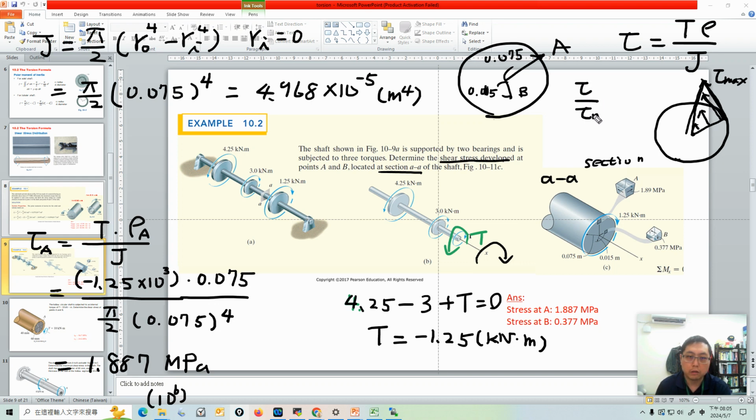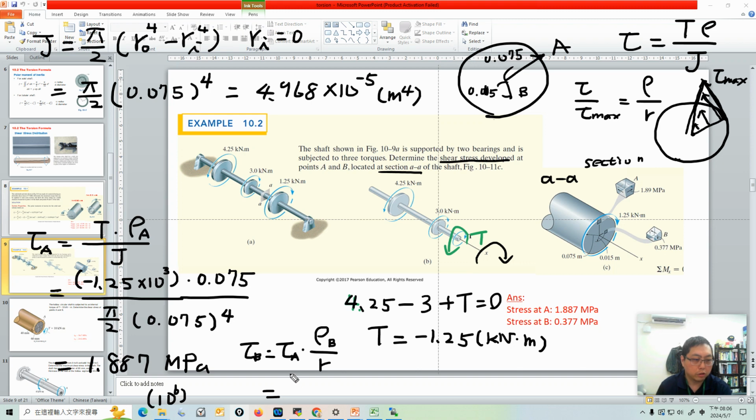Shear max is equal to this radius, and this is rho. So the shear stress grows linearly along the radius direction. So for the shear stress at B, we just use the value at A times the R and times the rho B.